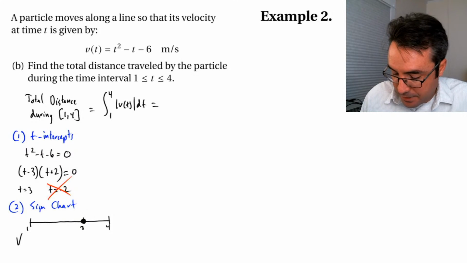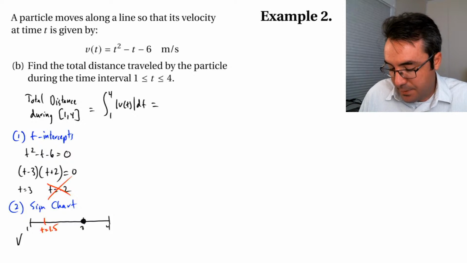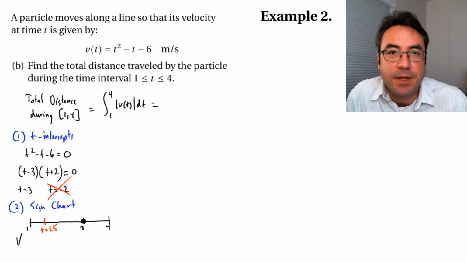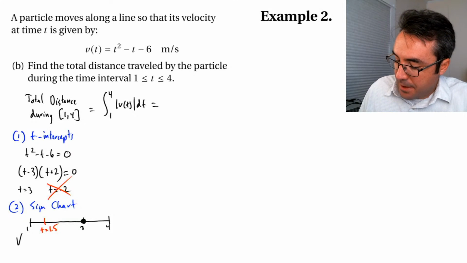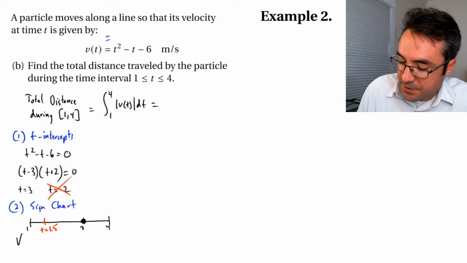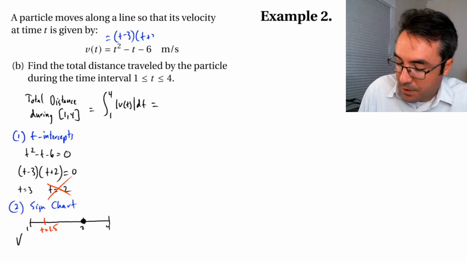So maybe you pick 1.5, something inside that interval, and you plug it into the velocity function. We've factored this, so it might be helpful to think of our velocity function in the factored version for our sign chart.